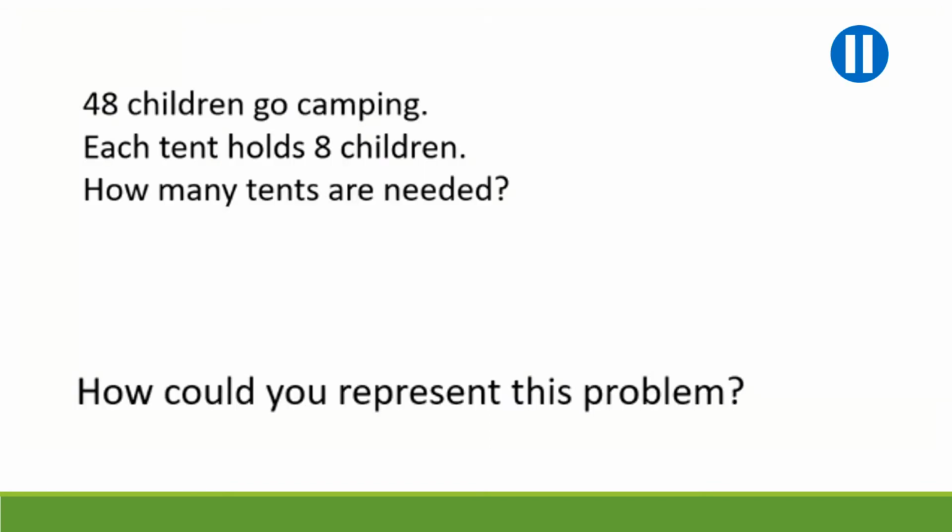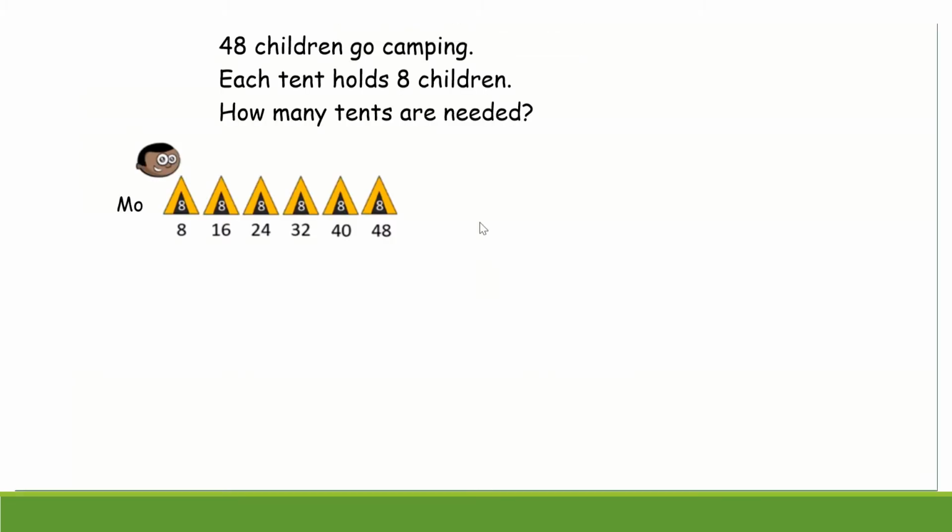Take a look at this problem. 48 children go camping. Each tent holds 8 children. How many tents are needed? How could you represent this problem? Pause the video here to have a think. How did you get on?